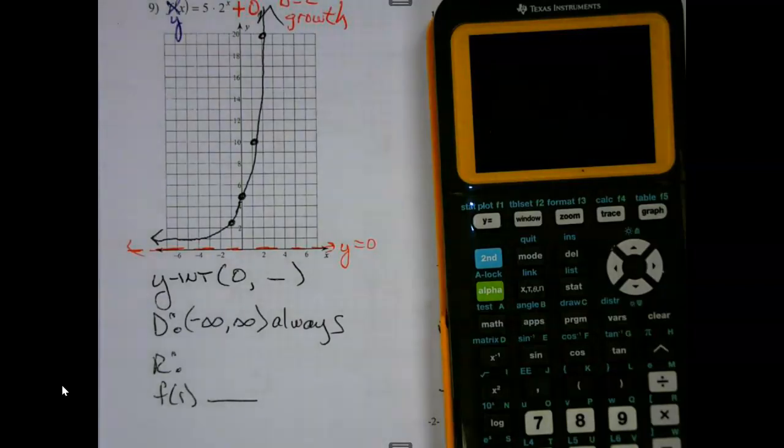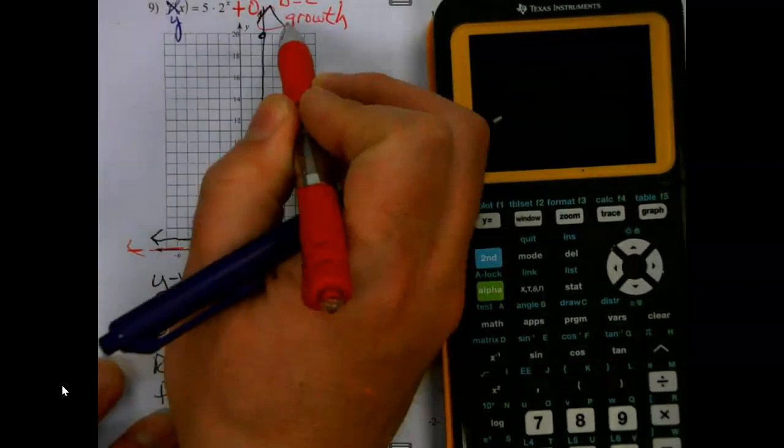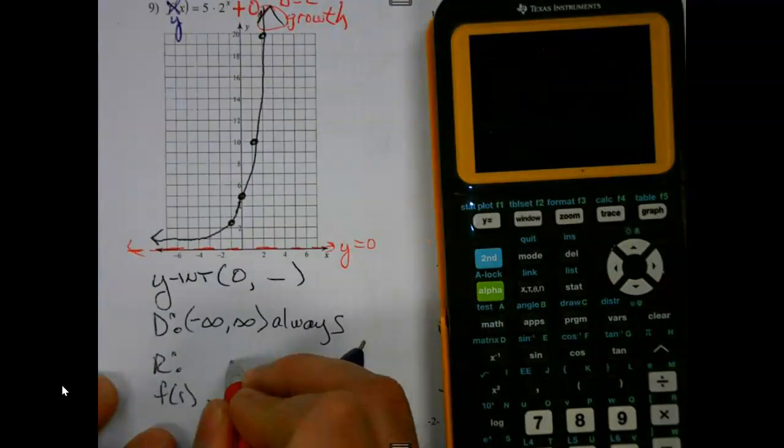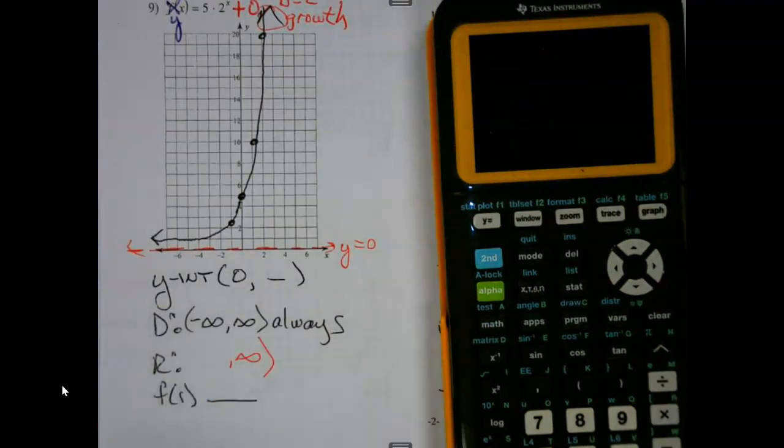Range, we talked about this too. It goes up forever, but it doesn't go down forever. It only goes down as low as the electric fence, my asymptote, will let me.